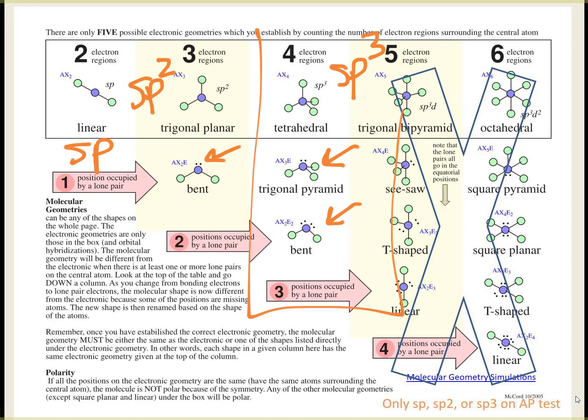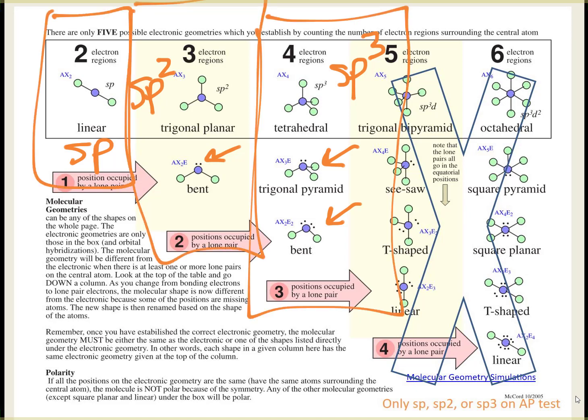But here's all your sp3s, your sp2s, and your sp, the linear shape. There, you can get into the d orbitals, but that is not on the AP test because a lot of chemists disagree with this model. They think that it doesn't describe the bonding that is going on with the d orbitals. And so that was taken out of the AP test like 10 years ago. So all you have to worry about is sp, sp2, and sp3.